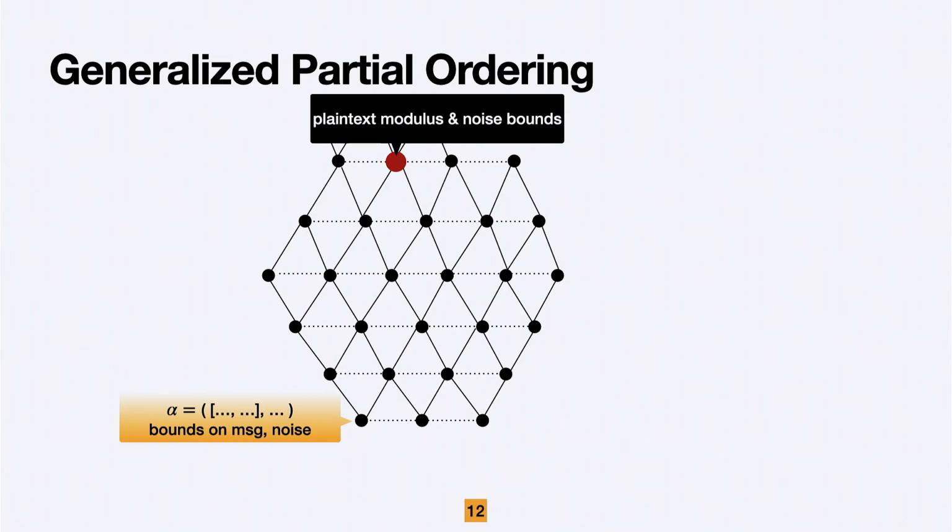The bound is a tuple. The first component is the interval in which the underlying message in the ciphertext lies, and the second component is the noise in the ciphertext. For example, if we take minus 10, 10, the interval minus 10 to 10 says that the underlying message in the ciphertext lies between minus 10 and 10, and the ciphertext has a current noise level of 10.